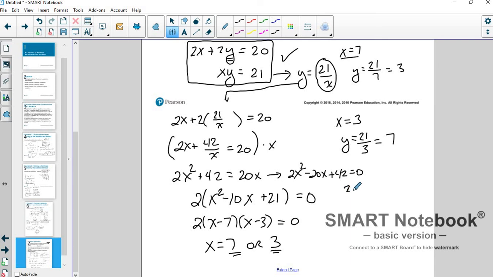So we have 3 feet by 7 feet as our rectangle. Those are the dimensions. It doesn't matter whether it's 3 feet long and 7 feet wide or 3 feet wide and 7 feet long. So 3 by 7 is the dimensions of the rectangle, and that's all we were looking for. Okay? So practice that up and let me know if you have any questions. Thanks.